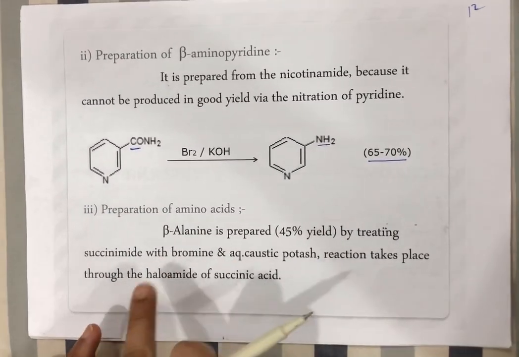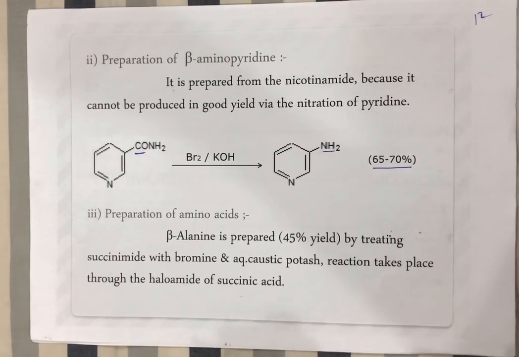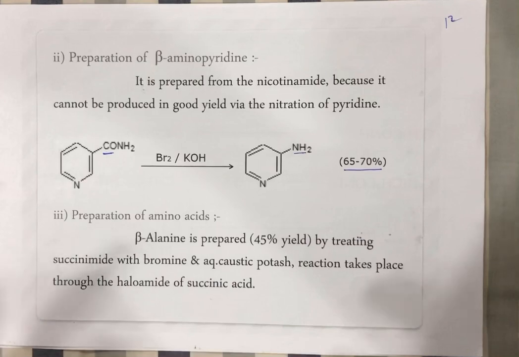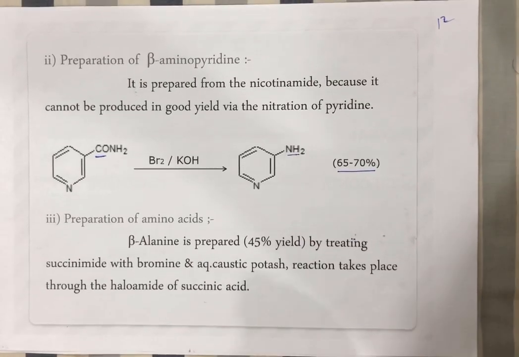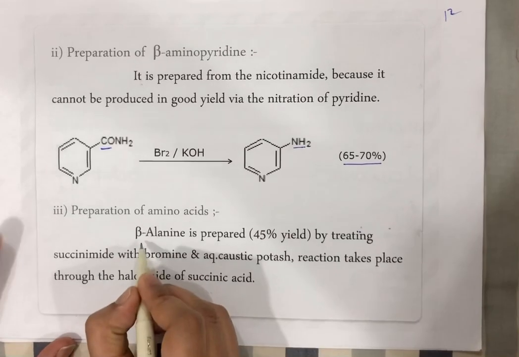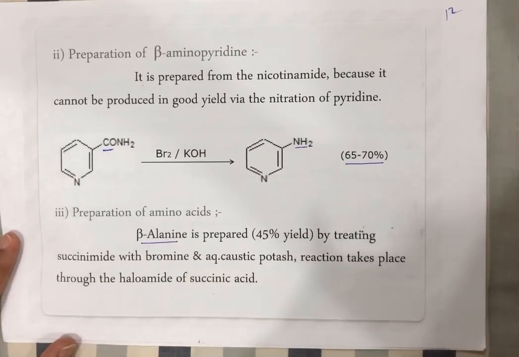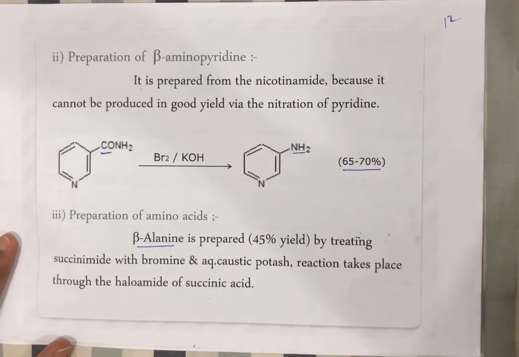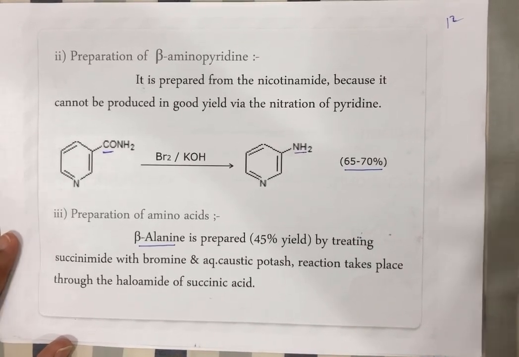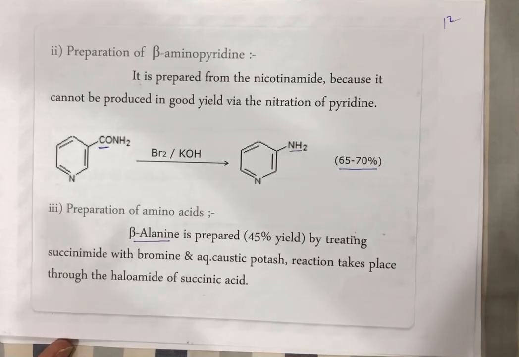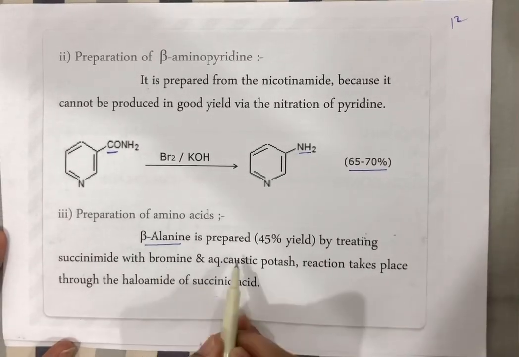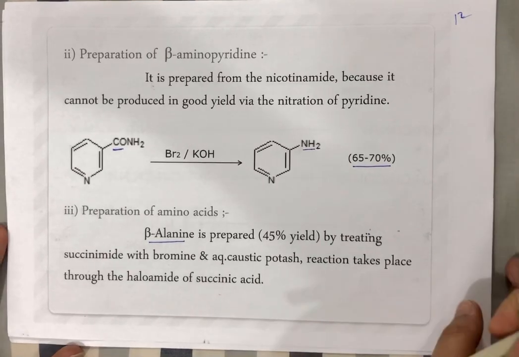Third is preparation of amino acid. You will learn various amino acids in the next semester in biochemistry, but here beta alanine is one of the 20 different amino acids. It is prepared by treating succinimide with bromine and caustic potash.